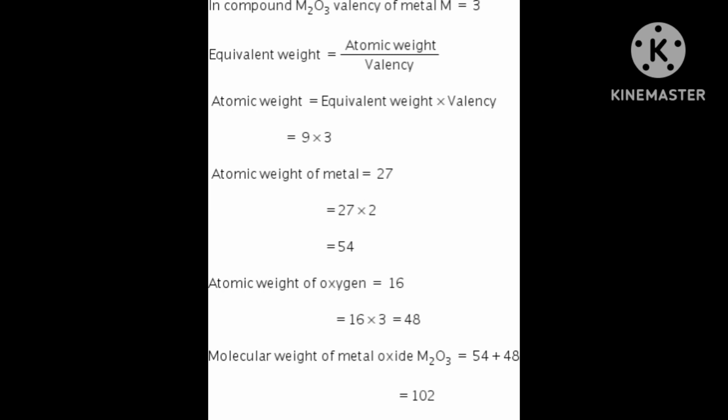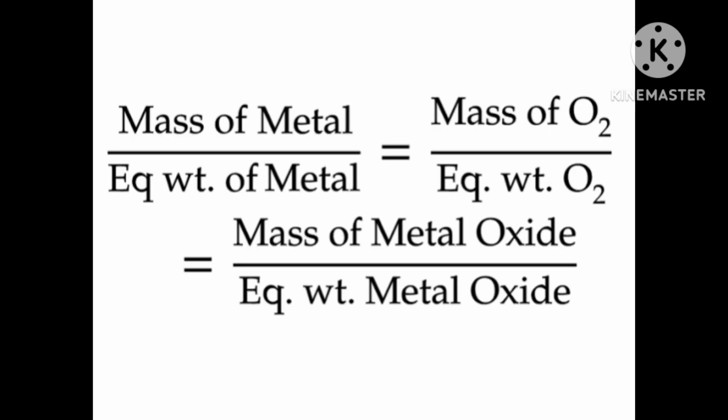Here, electrochemical equivalent. You know equivalent. Actually there are two terms: one is equivalent weight and the other term is electrochemical equivalent. Both are different. You remember, many students will get confused.